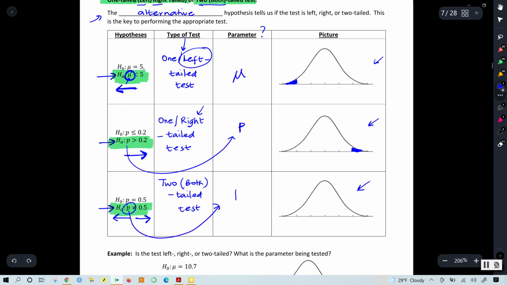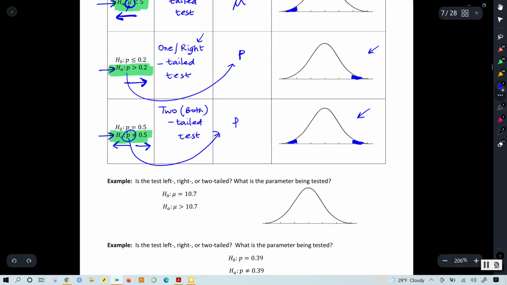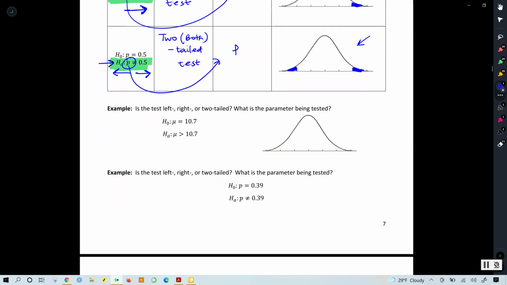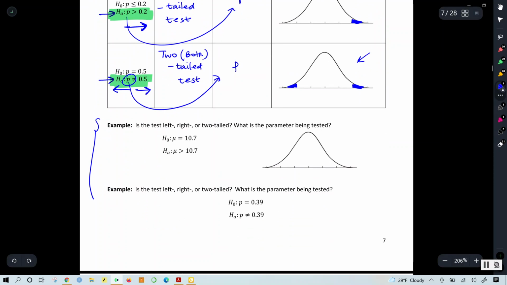The population proportion. So we expect both tails to contain the split probability. So now that I've done that, you're welcome to pause the video and try these two examples on your own, and then afterwards unpause the video and watch as I also complete it.